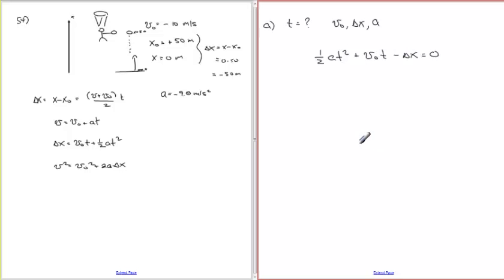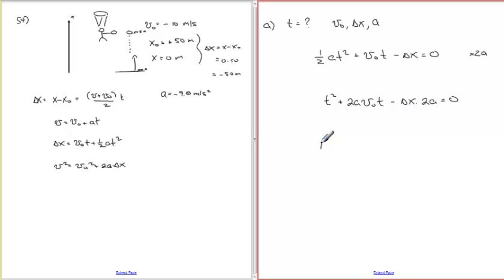So you do that, and you can get 2 solutions. And you can solve, if you multiply by 2a, you get t squared plus 2a v0t minus delta x times 2a is equal to 0.